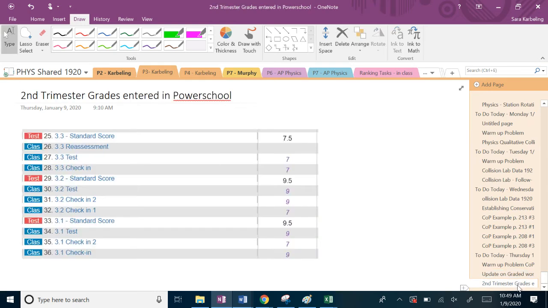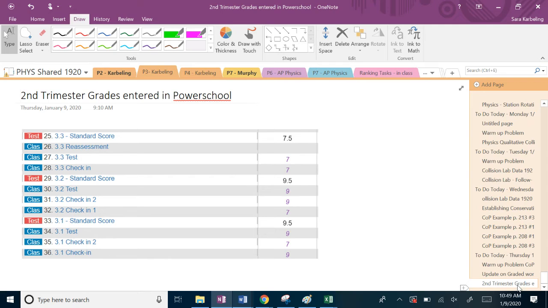Okay, so I just took a screenshot of a student. I don't even have any idea who this is. But if you look at Power School right now, you will see spots for all kinds of things, all the way through the end of the trimester. The reason for that is it just takes a whole long time for me to actually sit down and do that.